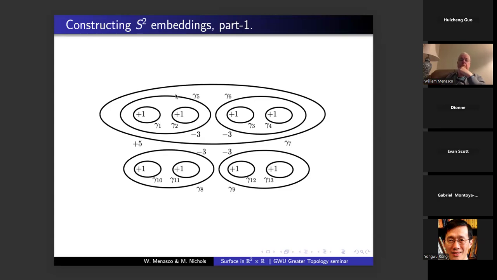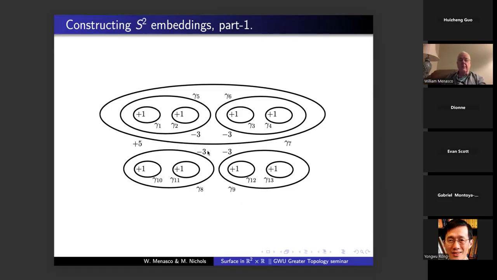And so you're forced to make this curve right here weighted at minus 3, because this curve and that curve bound a pair of pants, and the Euler characteristic is minus 1. So minus 3 plus 1 is minus 1. So every region here is basically a pair of pants, except for these innermost disks.